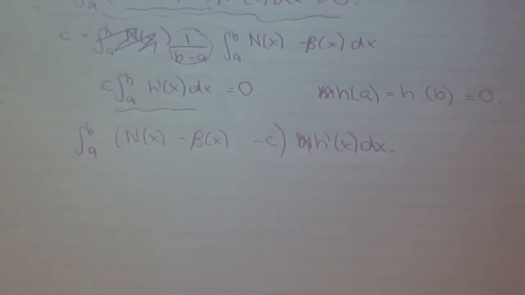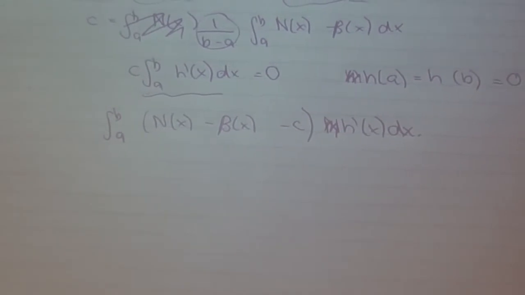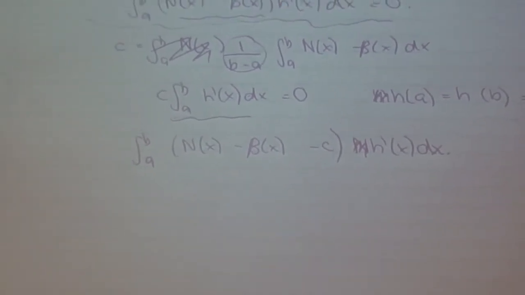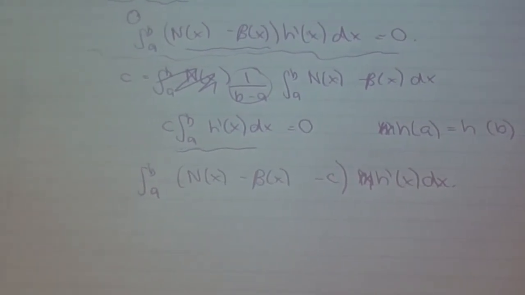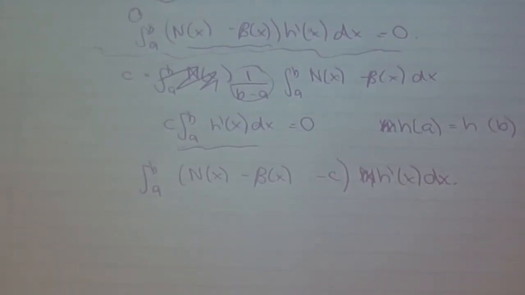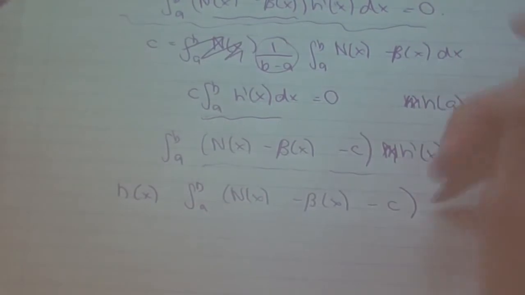Alright, and now because h of x is an arbitrary function vanishing at the endpoints, we can choose any function that is 0 at the boundaries. So if we make the clever choice of the integral of n of x minus beta of x minus c, which is also mirroring this term here, we find that h of a is trivial because it cancels with this term.